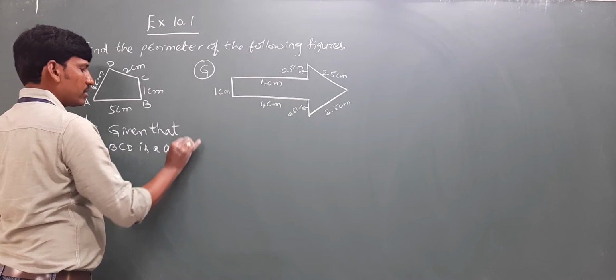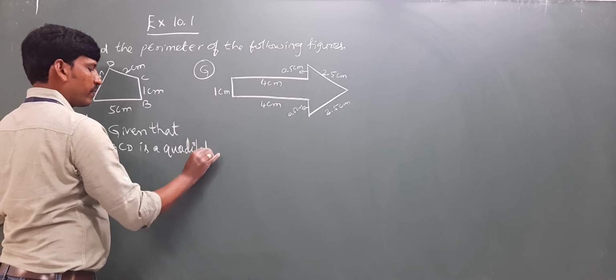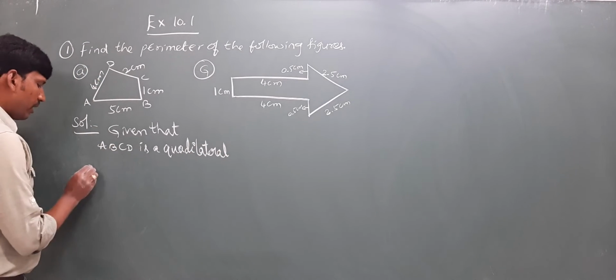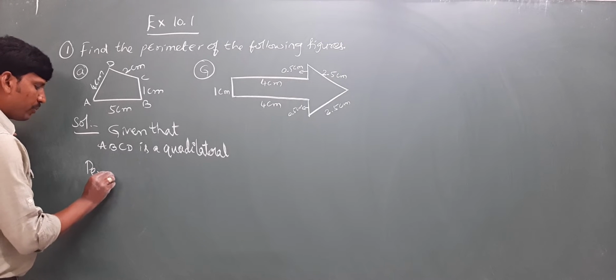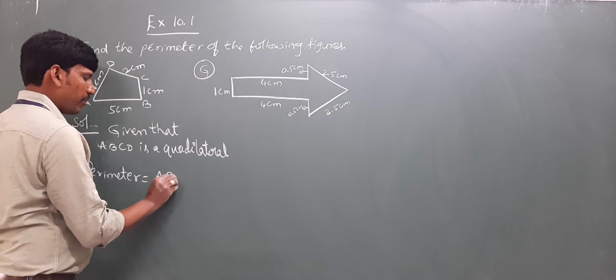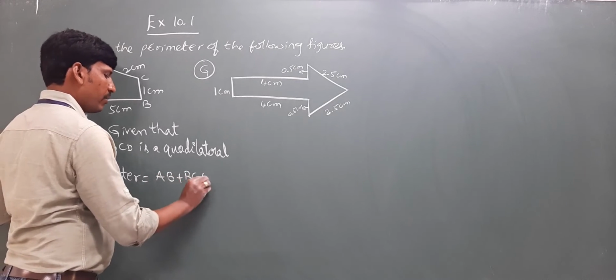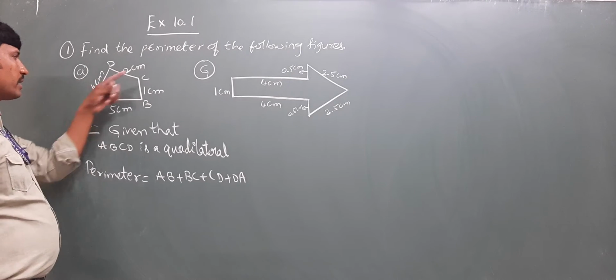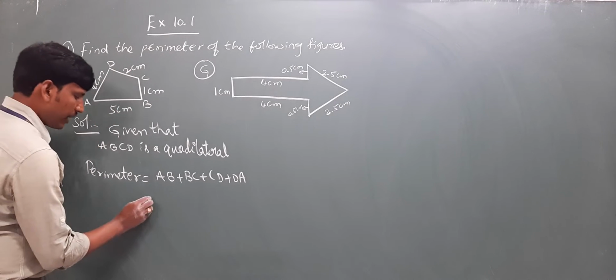Okay? So 4 sides are there, that's why it is marked as quadrilateral. Now perimeter is equal to, what is that? Sum of all the sides, that is AB plus BC plus CD plus DA, because it is not a regular shape. All sides are different. So now we should write all those.